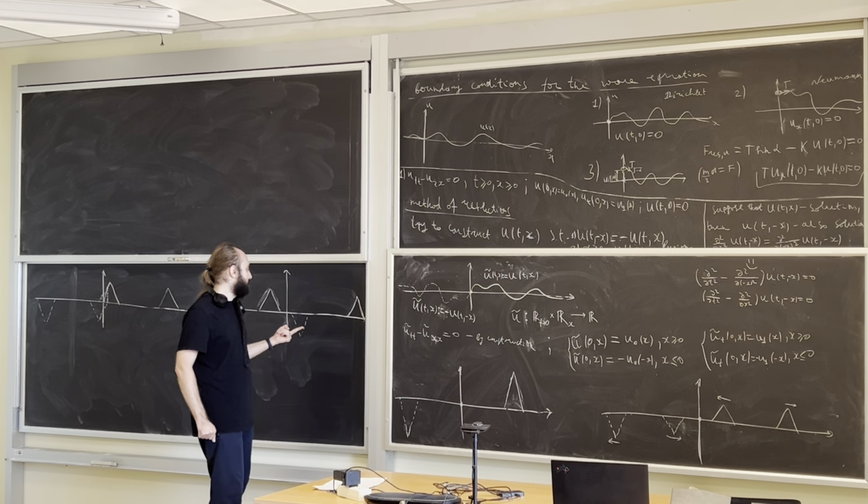So it means that these images will not be reversed, and this reflection will look like this. So we will have this triangle moving left, this moving right, and at the end it will just exchange.